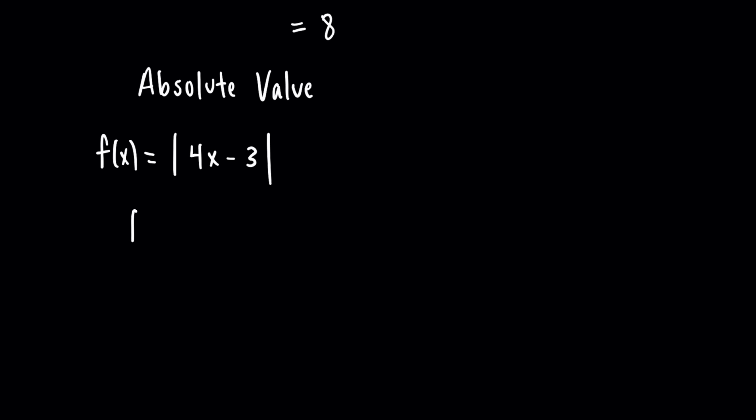So what if I asked you to find f of 2? What does f of 2 equal? All we're going to do is we're going to say f of 2 is, and let's color code this so that you guys can see this a little easier. I always find the color coding helps. All right, f of 2, so we'll put the 2 in blue there, is equal to the absolute value of 4, here comes the x, that's 2.